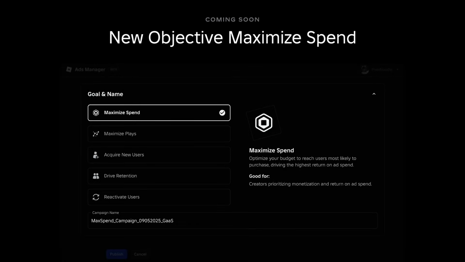And I'm happy to announce that we are bringing a new objective in 2026 called Maximize Spend. The way this one will work is it will look for players that not only are likely to enjoy the experience, but actually spend their Robux there. So feel free to explore it as soon as you see it.